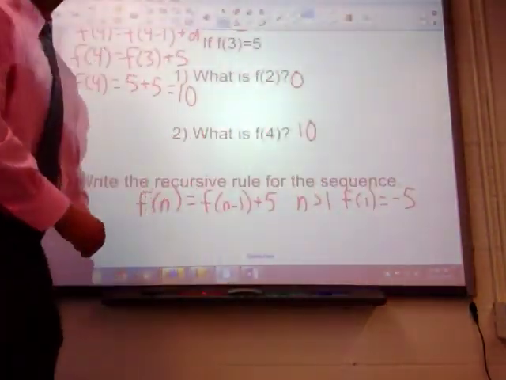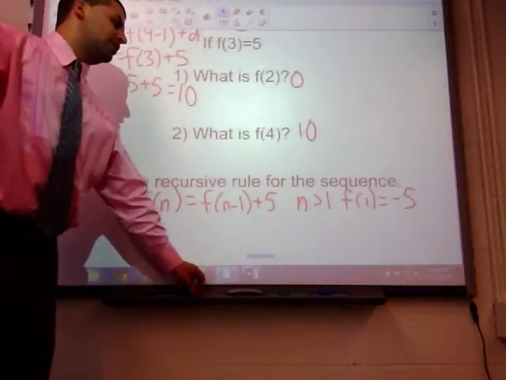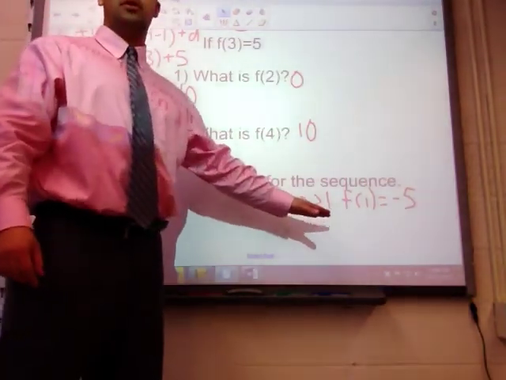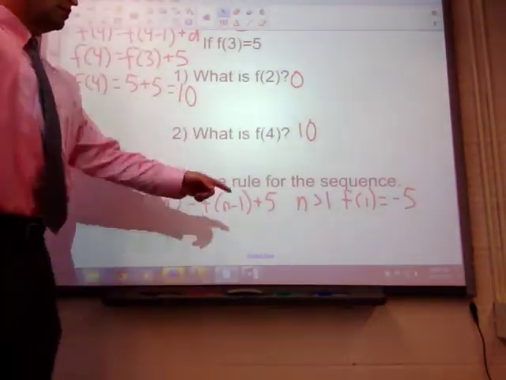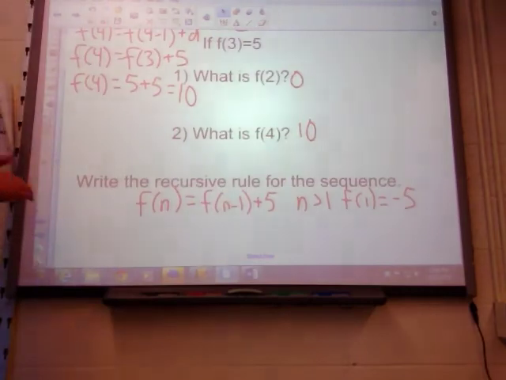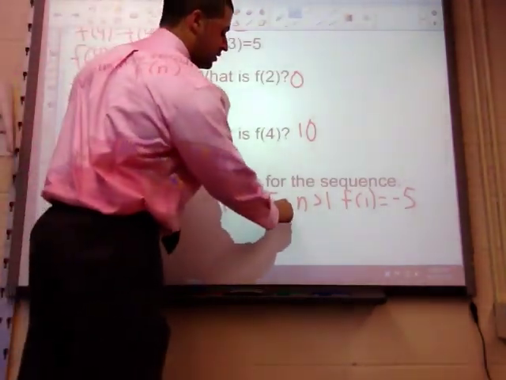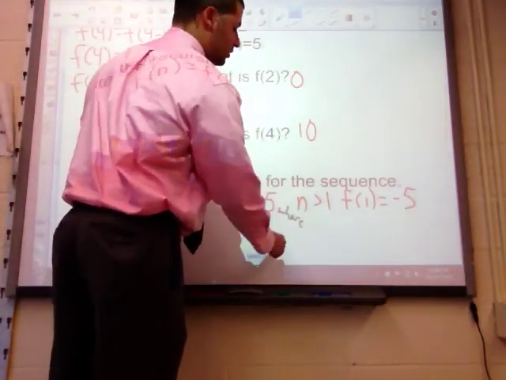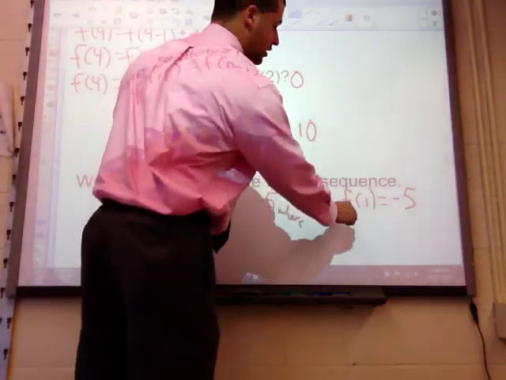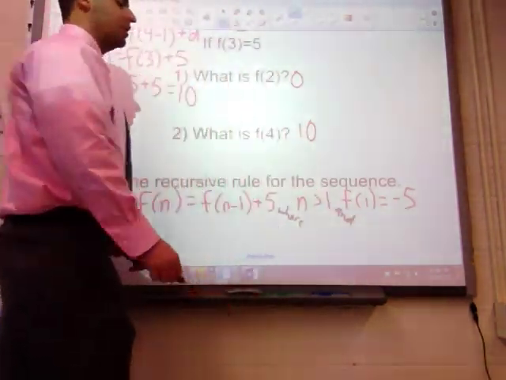So f of 0, our initial term, would be negative 10. But since we're restricting our domain to all n values greater than 1, we want to start with f of 1. Okay, so it's f of n equals f of n minus 1 plus 5, where n is greater than 1 and f of 1 equals negative 5.